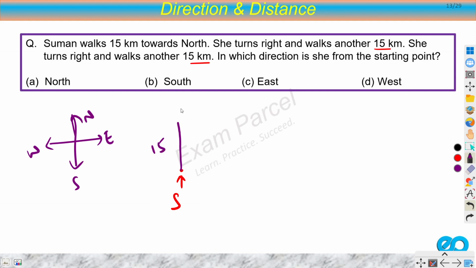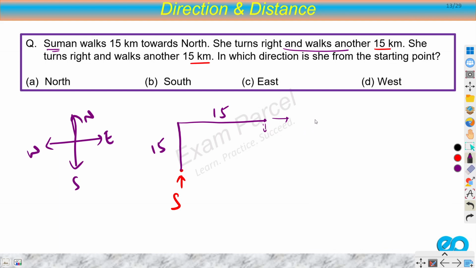She turns right. So if a person is standing here, so obviously right is this side, right? So if she turns right and walks another 15 km. She turns right and walks another 15 kilometers. Suppose a person is standing here, so let's say Suman is a girl. So her right would be this side, right? Face is this side, so obviously her right would be this side.